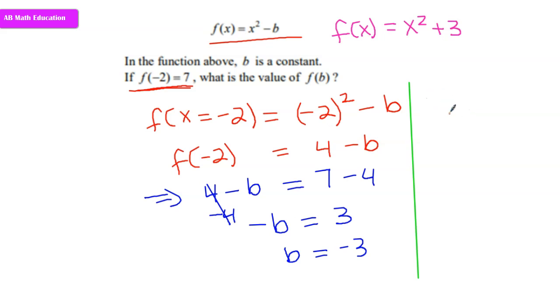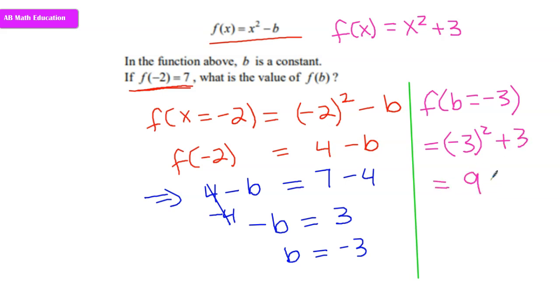So let's go ahead and find our f of b, which is now f of negative 3 in that function, and that's going to give us negative 3 all squared plus 3, and we get 9. Negative 3 times negative 3 is 9, and then 9 plus 3 is equal to 12. So f of b is 12.